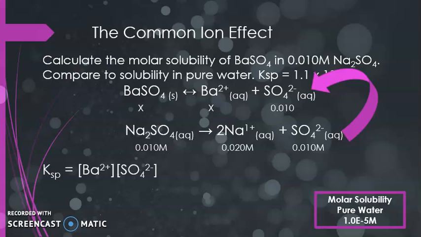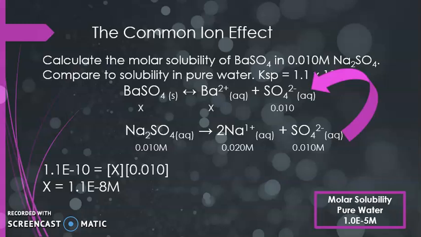KSP equals the barium concentration times the sulfate concentration, but now I know 2 out of 3 of those numbers. I know KSP is 1.1 times 10 to the negative 10th, and I know the sulfate number is 0.010 molar. Now all I have to do is solve for X, which represents both barium and the barium sulfate.